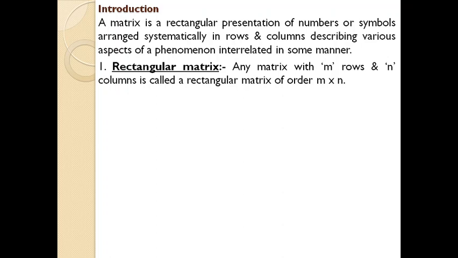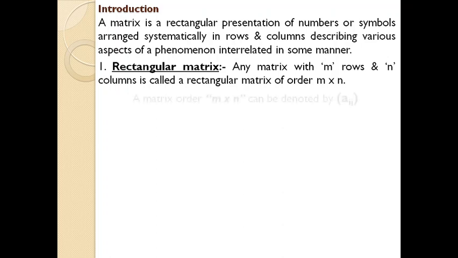Remember those symbols. So any matrix with m rows and n columns is called a rectangular matrix of order m into n. Usually we say like that.